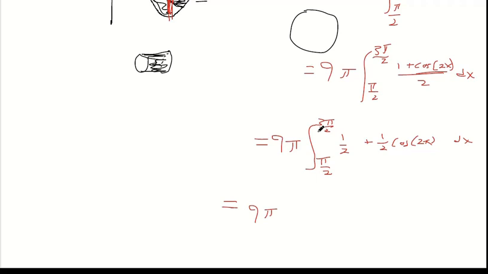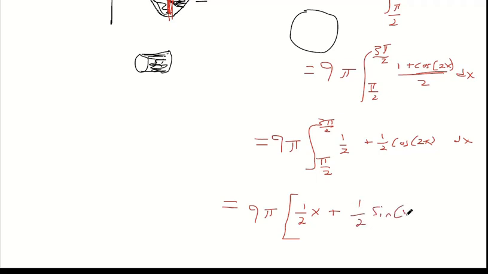The great thing about the integral operator is it's a linear operator. It acts kind of like the distributive property. So we can just consider integrating 1/2, that's 1/2 x. And then integrating this term, the derivative of cosine is negative sine. So the antiderivative of cosine would be sine.